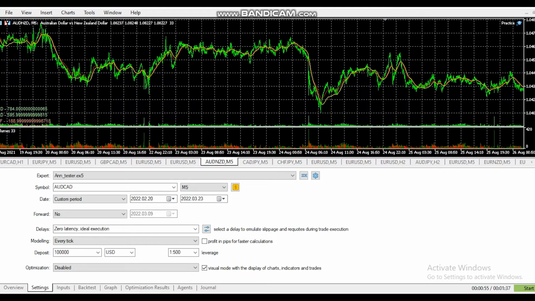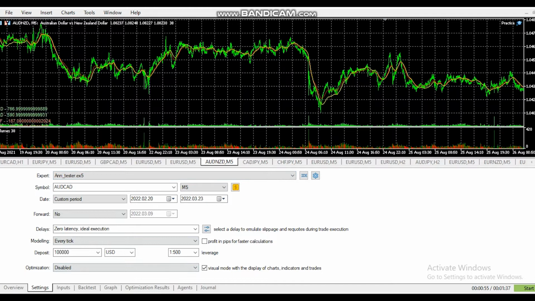So once the model is trained, now we can proceed to backtesting. So the way I go about backtesting is I have this expert advisor called ANN tester, and basically what this does is it does 2 things.